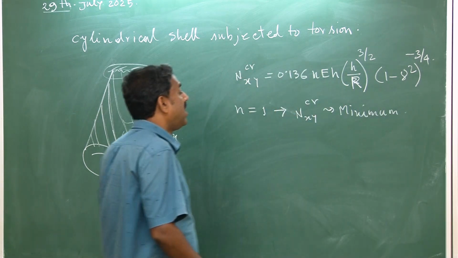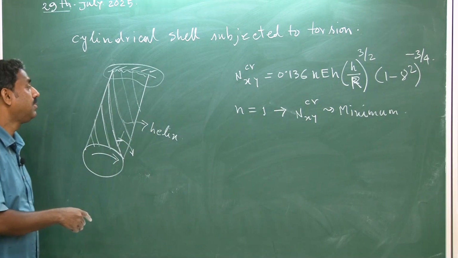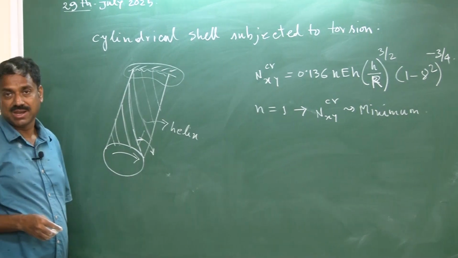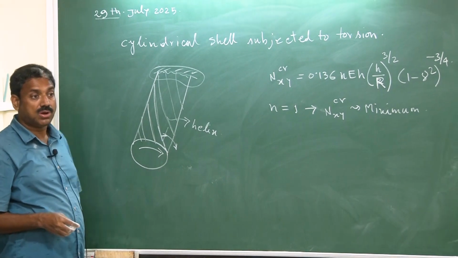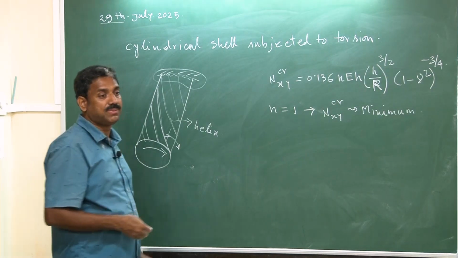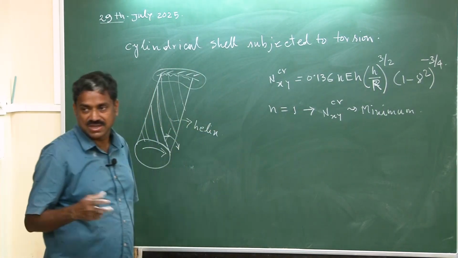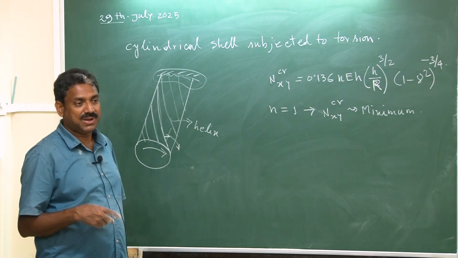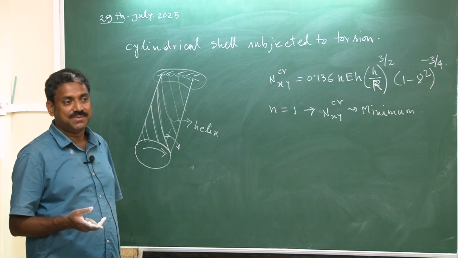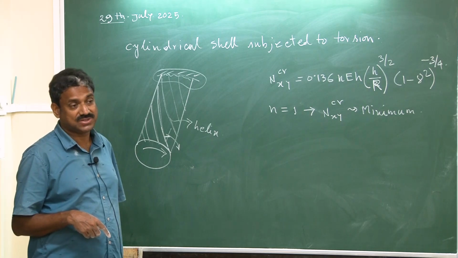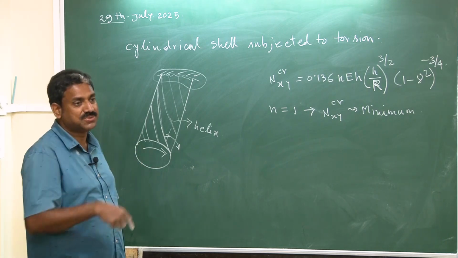But with n equal to 1, the problem is that there will be only a single wave number here, and if there is a single wave number, it will not be able to satisfy the in-plane equilibrium equations. Okay. In-plane equation, see, Donnell's equation is basically out of plane, right? The in-plane one is automatically satisfied because we have introduced the stress function and the stress function is substituted.